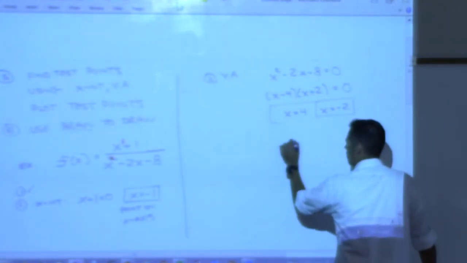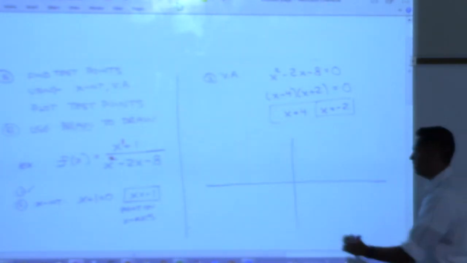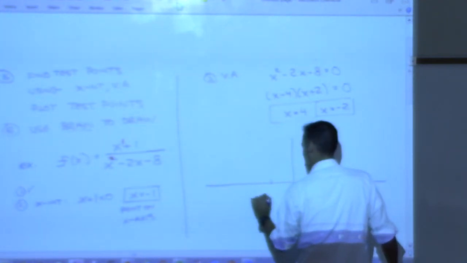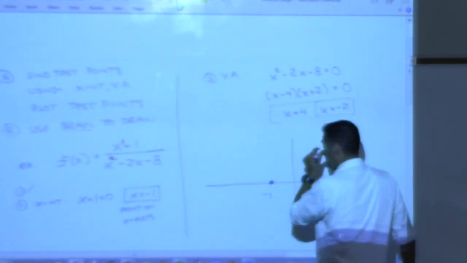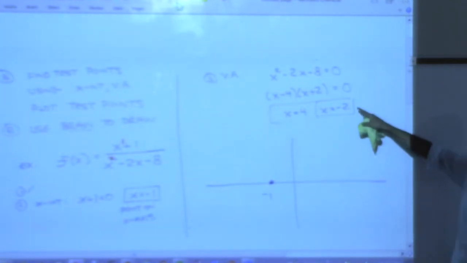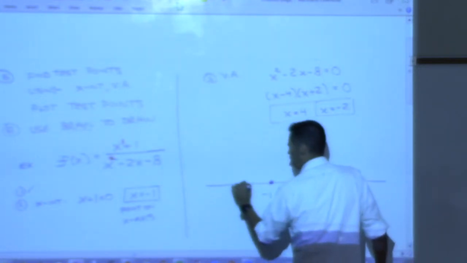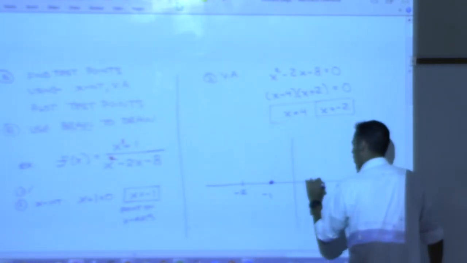Right now, here's where we stand. Here's what I know about my graph. I have an x-intercept at -1. It's a dot, right? I know that much. I know from step 3 that I have vertical asymptotes. I have 2 of them. One of them is at -2, and the other one's at 4.